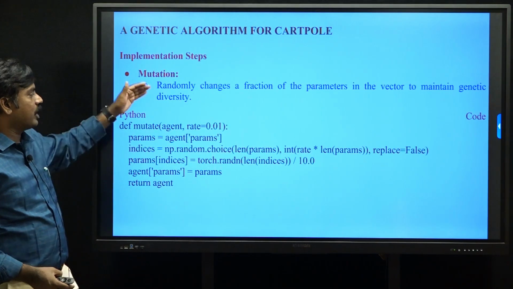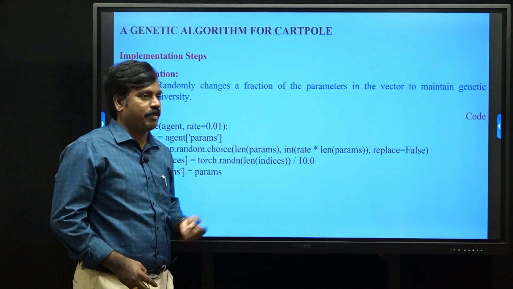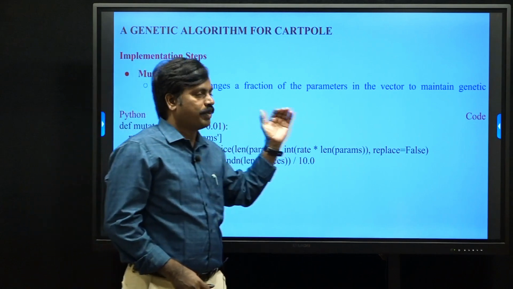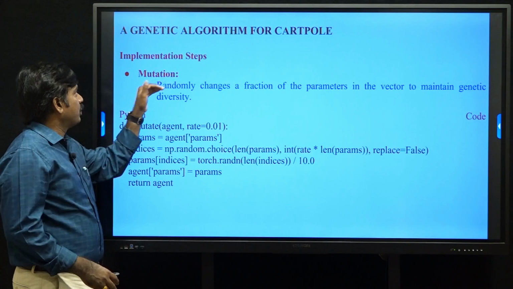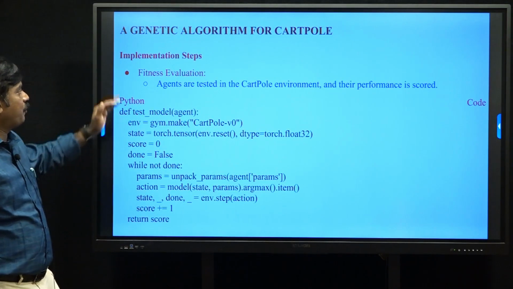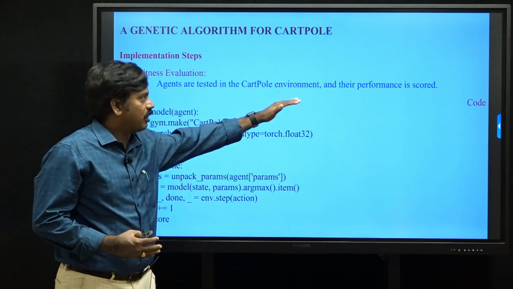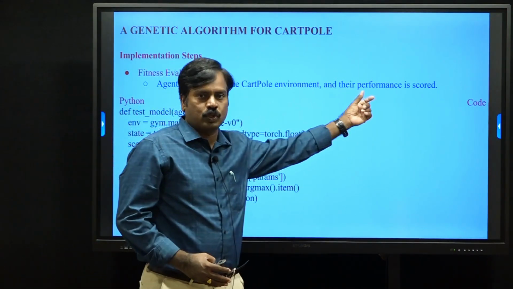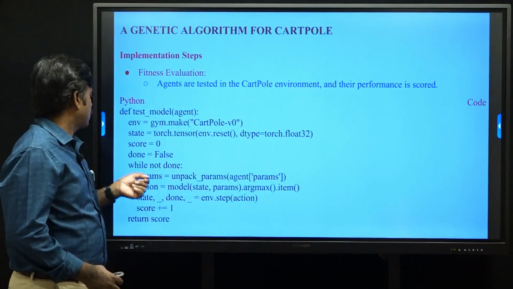Next is mutation. Mutation randomly changes a fraction of the parameters in a vector to maintain genetic diversity. Next is the fitness evaluation. Agents are tested in the Cartpole environment, and their performance is scored. That performance score is the fitness score.